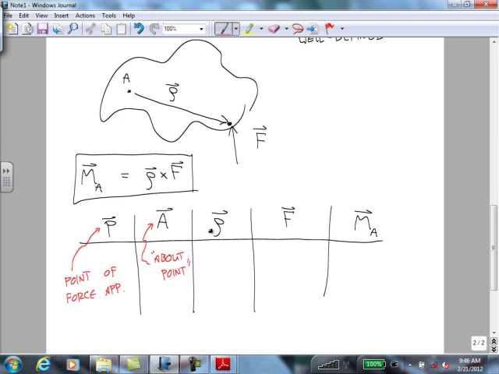Rho, then, you just calculate as P minus A. So you have a vector here, you have a vector here. Just take this column minus this column. F is your force vector. And then finally calculate the moment produced by that force about A as rho from this column crossed with F.